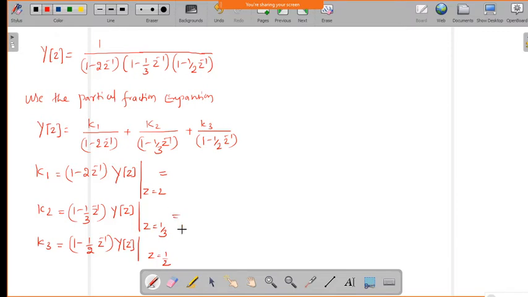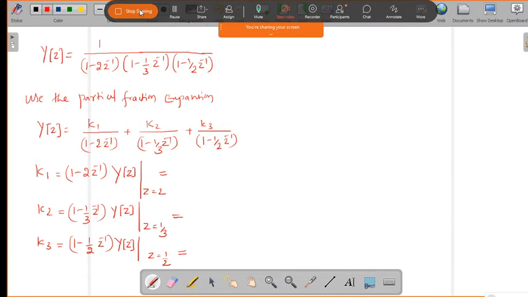So find out the values. Tell me what all the values are.